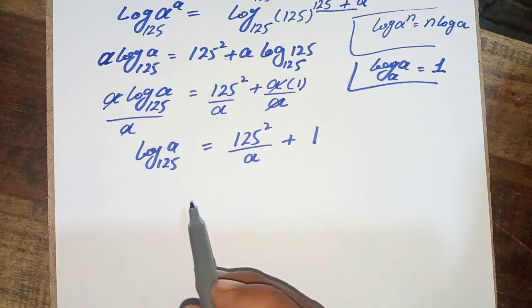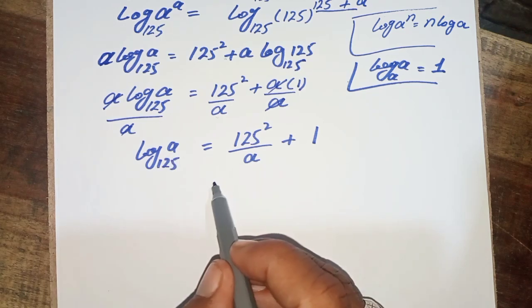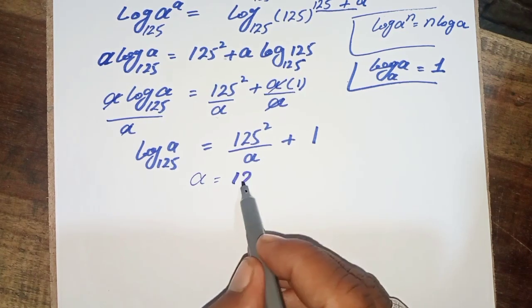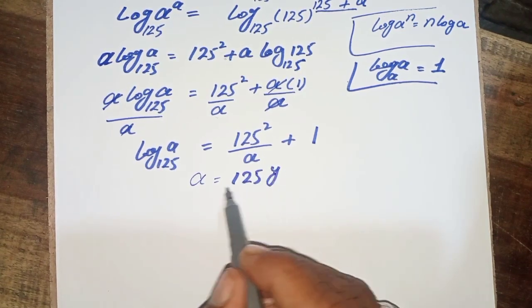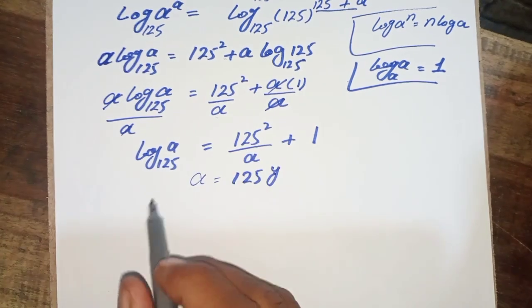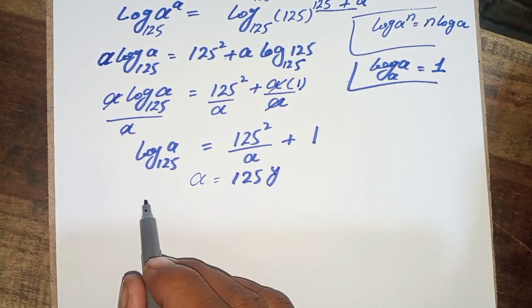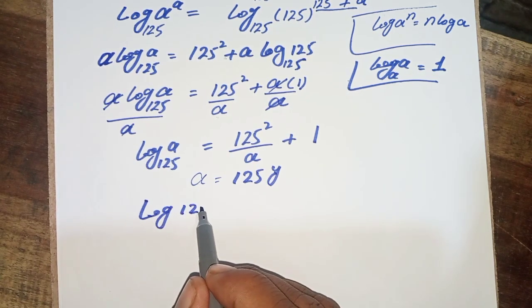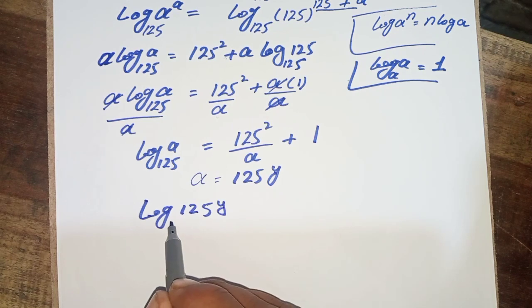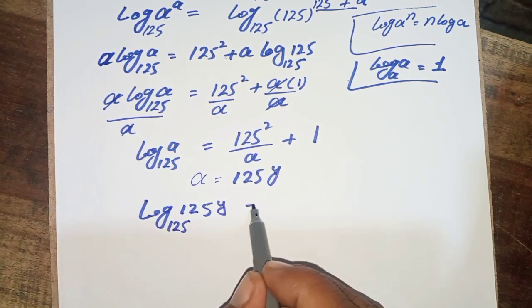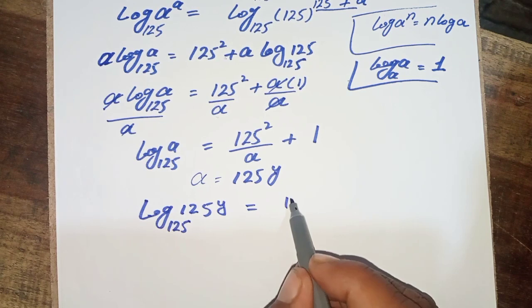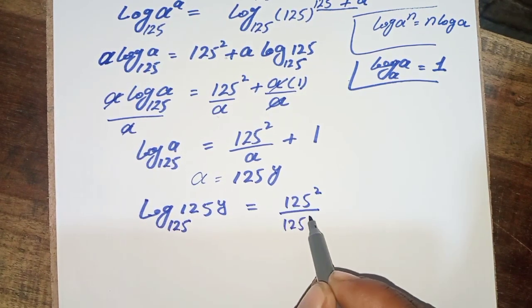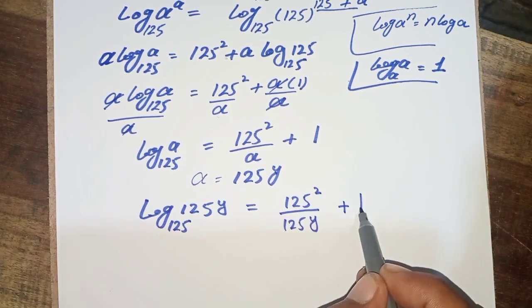Now students, we take a equal to 125y, and put the value of a in this equation. The left side of the equation will be written as log base 125 of 125y, and the right side 125^2 over 125y plus 1.